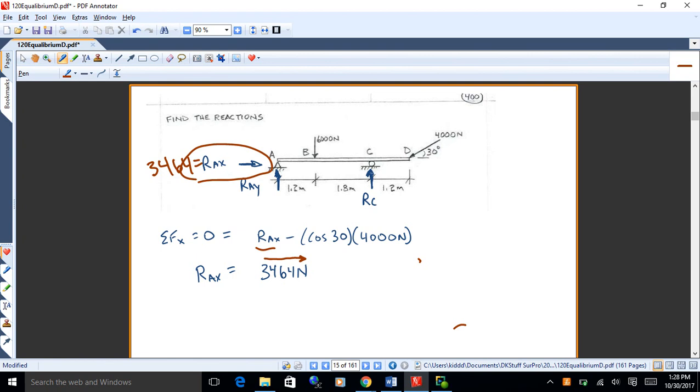There should just be one unknown in there, RC, to be able to solve for it.